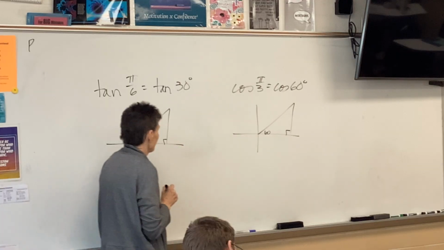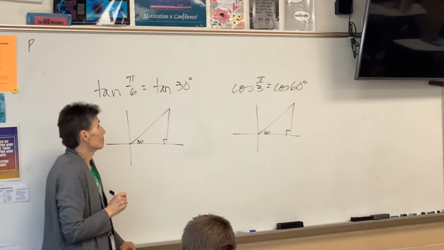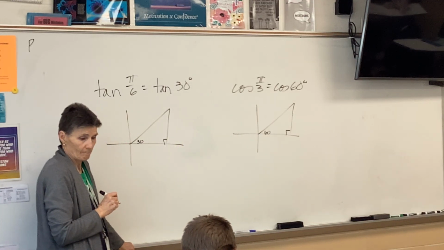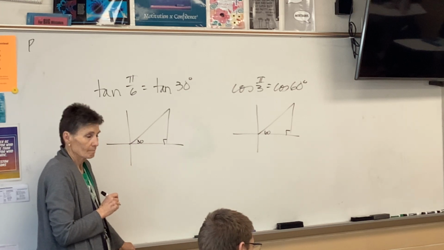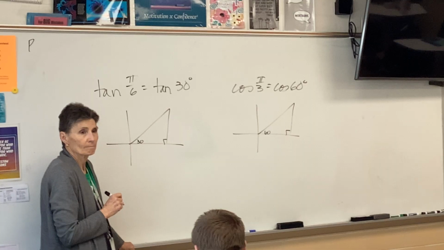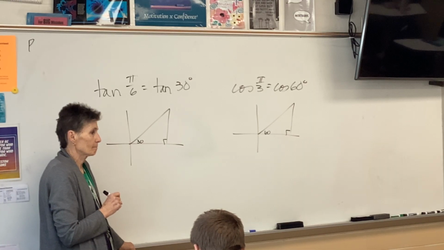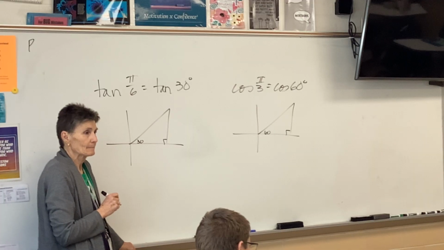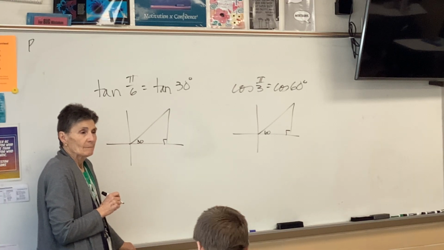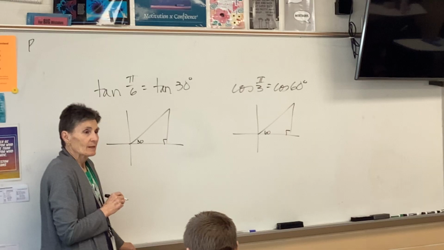Did you get square root 3 over 2? Wait, for C? I don't think so. Wait, where'd you put your 2 ones? The two is the hypotenuse. Yes. One's the opposite.